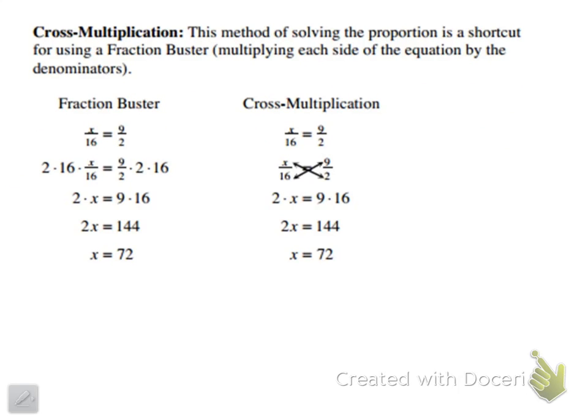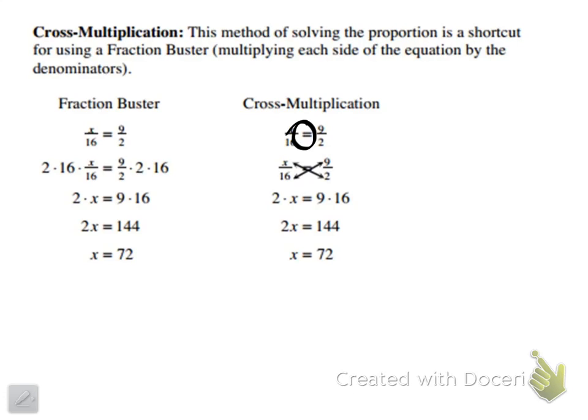Okay, cross multiplication. Now, all cross multiplication is ultimately undoing division, but some kids like to use cross multiplication because it's what they've learned prior. Really, it's kind of tricky because cross multiplication should only be used when there's an equal sign. Always, always, always when there is an equal sign.